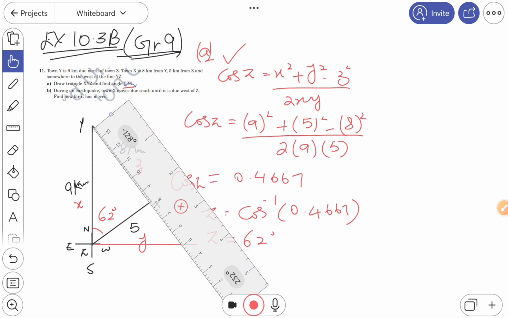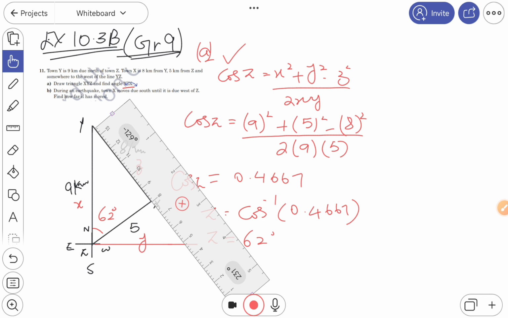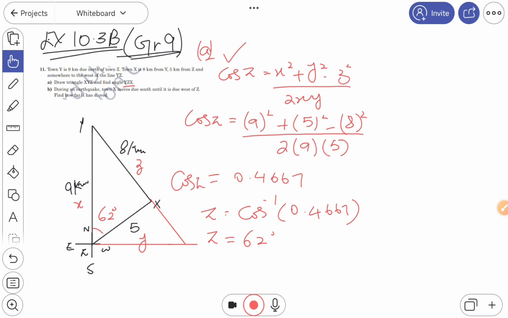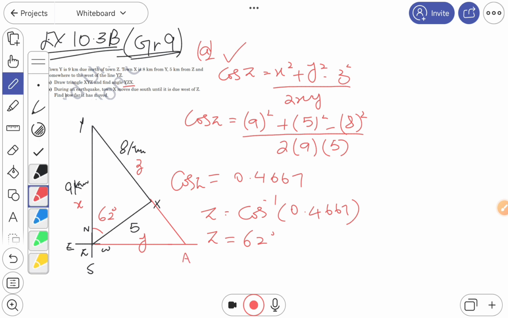And if I move the town X, it will give us a right triangle. If I name the point A, I get a new triangle, triangle AZY.